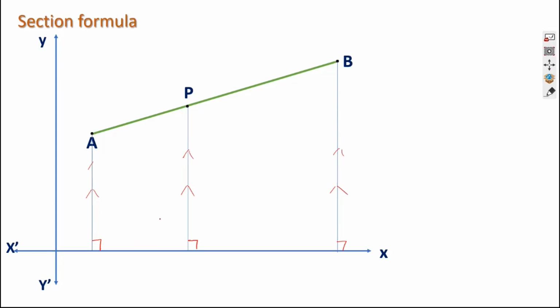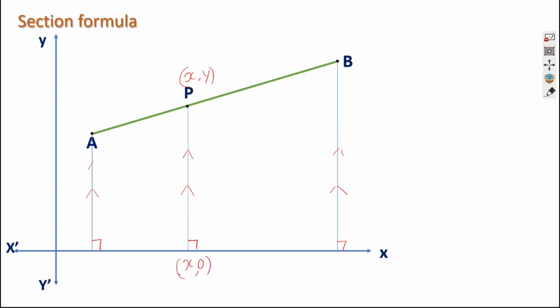And if we try to find the coordinates of this point, though it is not given, we can at least designate it with x and y. Let us mark the coordinates at P as x, y. In that case this foot will also have x, but y will be 0.